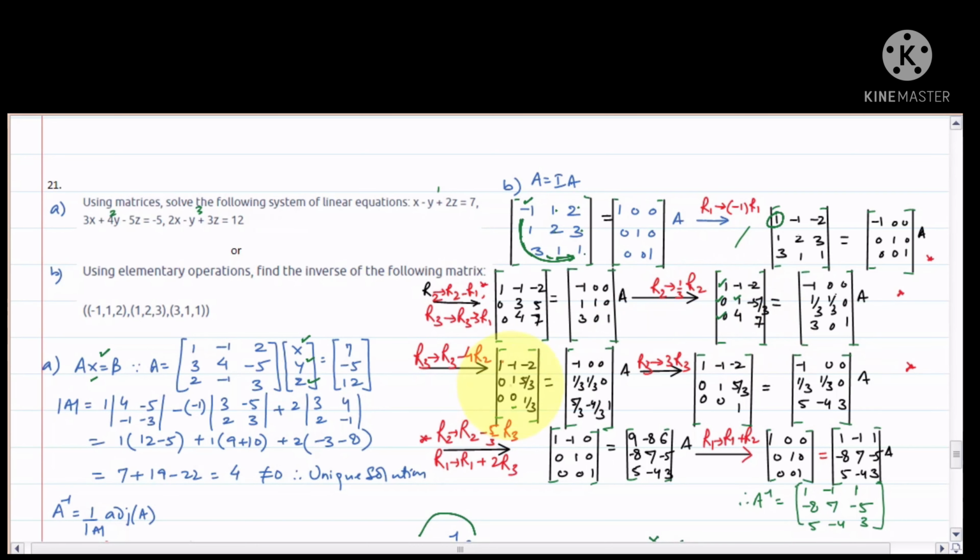Right? Now I need to make this element 0, so it is R3 minus 4R2. R3 minus 4R2 I am doing. So let me see, I can get it right. R3 minus 4 times R2. So I'll be getting 0 over here. So I have got 0 over here. Right? So this element is also settled.